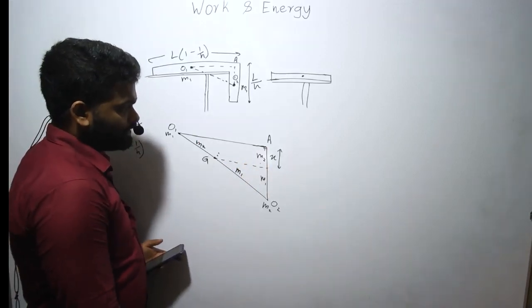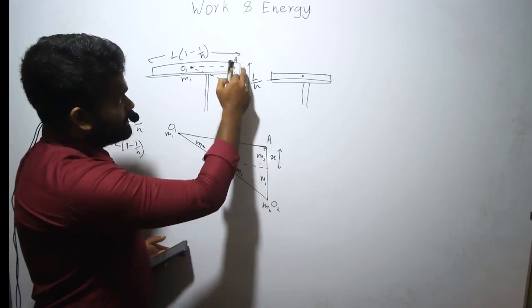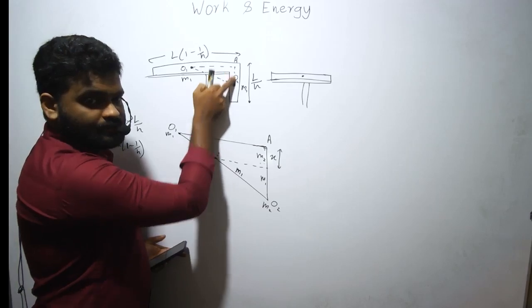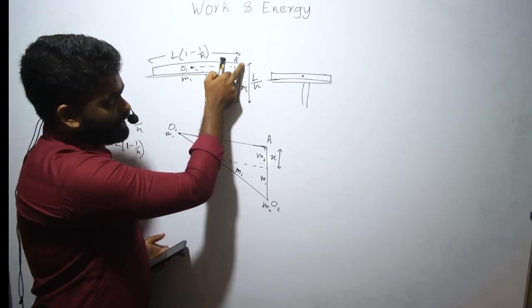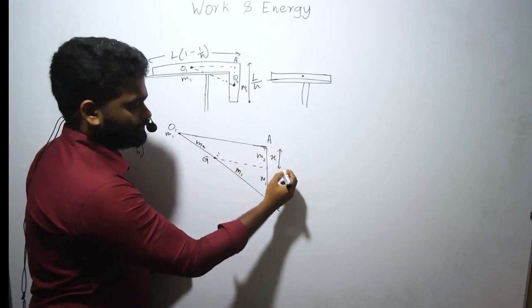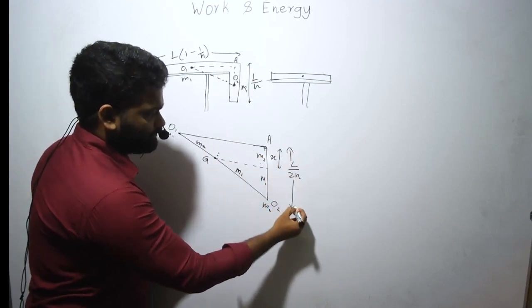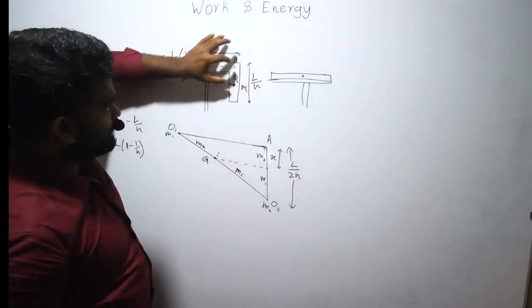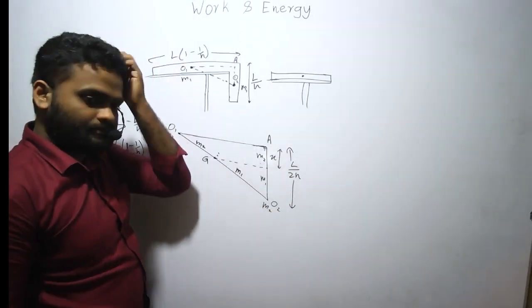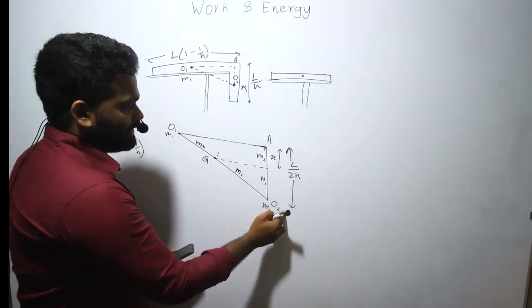And this AO2 length, we know that. AO2 is what? The center of gravity is here of this part. It should be L over N times half. So this length should be L over 2N. The center of gravity is located at half of this length. So we know the total length of AO2.